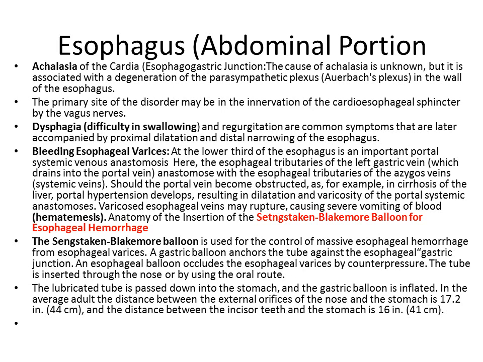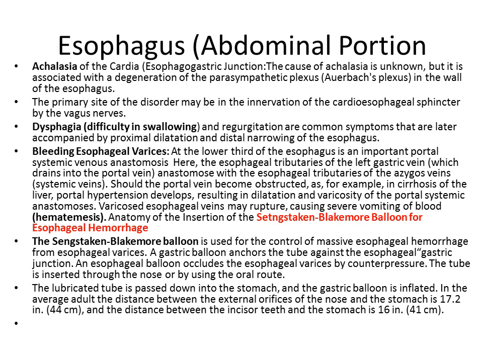The primary site may be in the innervation of the cardio-esophageal sphincter by the vagus nerve. Dysphagia, difficulty in swallowing, and regurgitation are common symptoms that are later accompanied by proximal dilatation and distal narrowing of the esophagus.